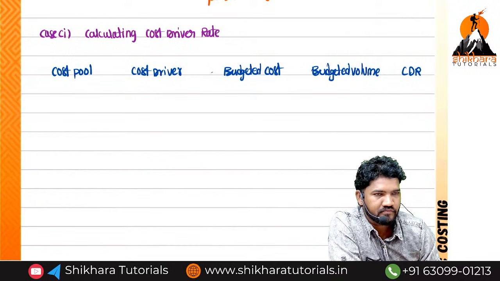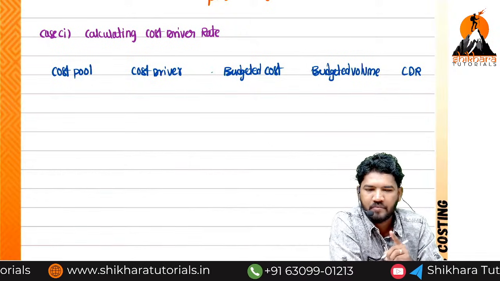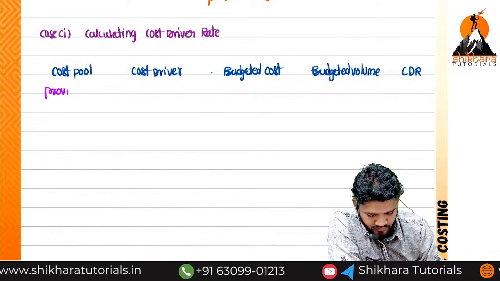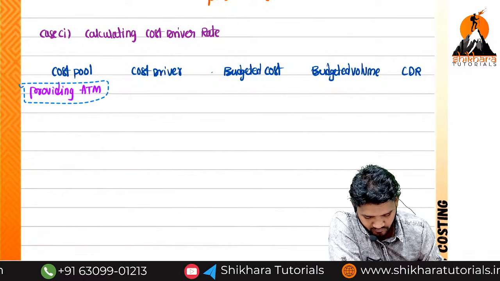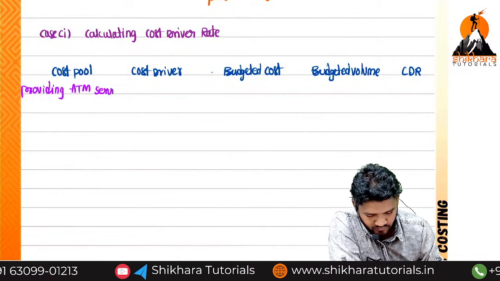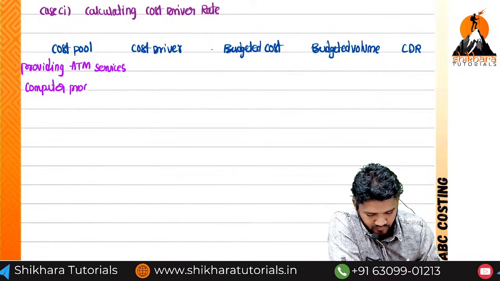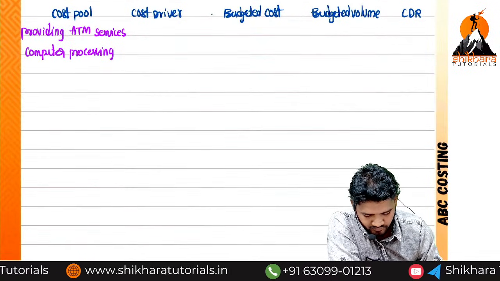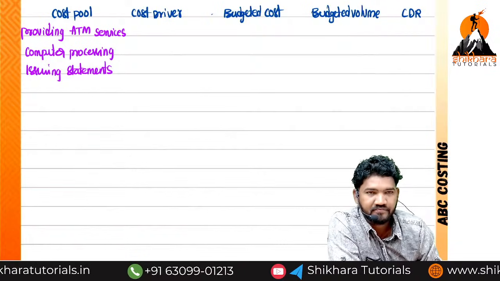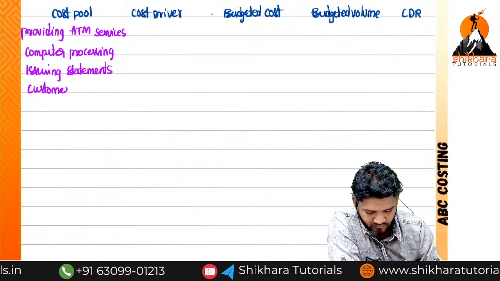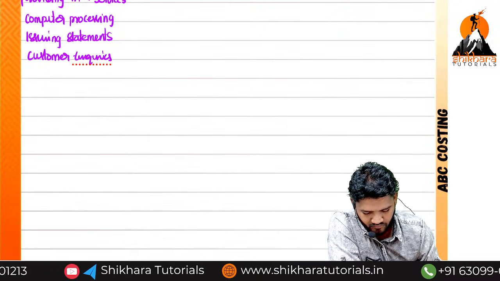What about the cost pool? What is the first one? I'm not getting one, please tell me, one person. Providing ATM service. What about the second cost pool? Third cost pool? Next. That's it.